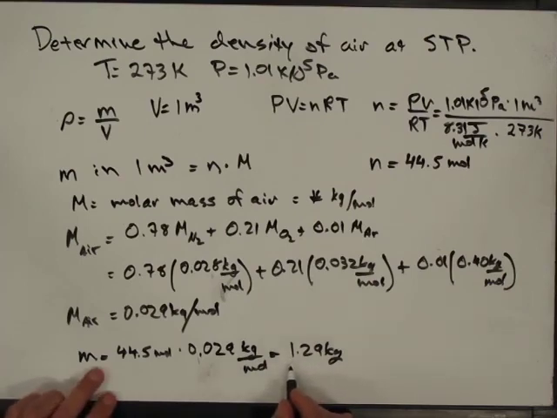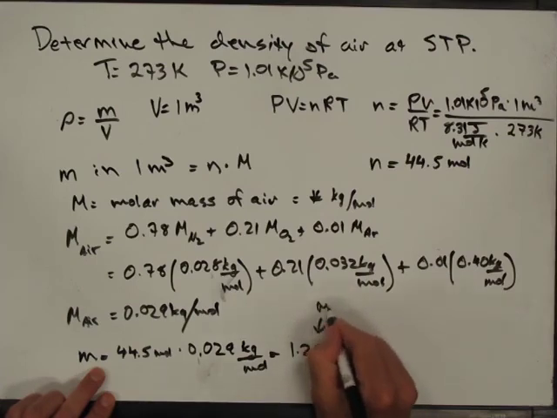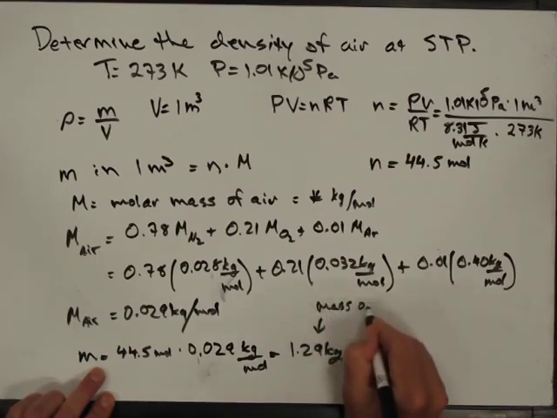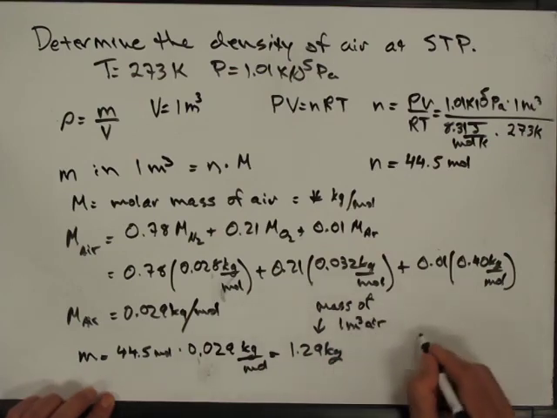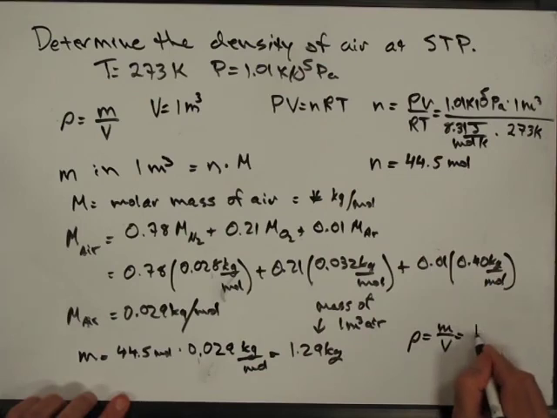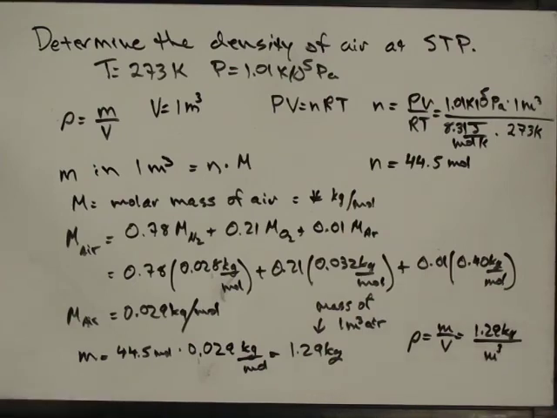That's the mass of 1 cubic meter of air. The density is the mass divided by the volume, so that's 1.29 kilograms over 1 cubic meter, or 1.29 kilograms per cubic meter. That's the density of air.